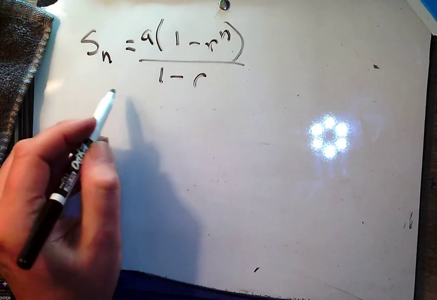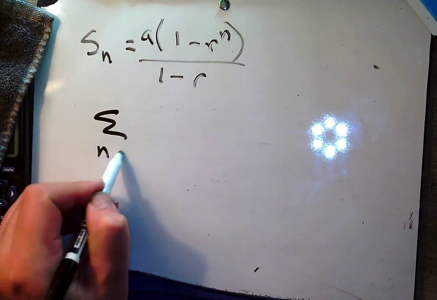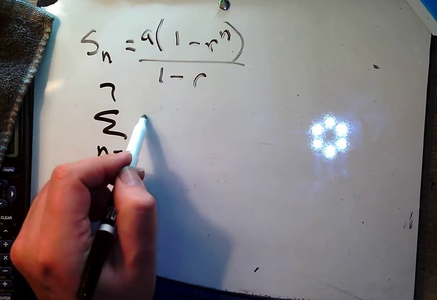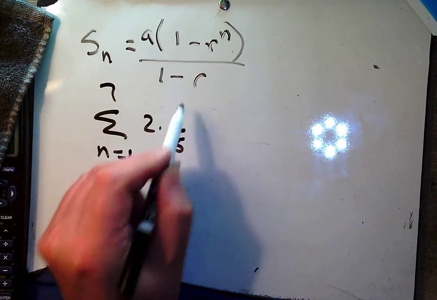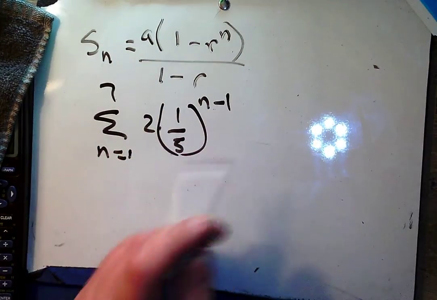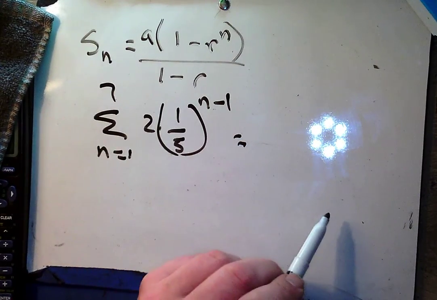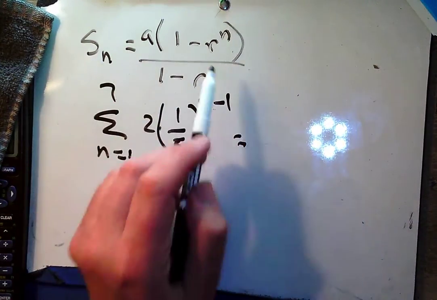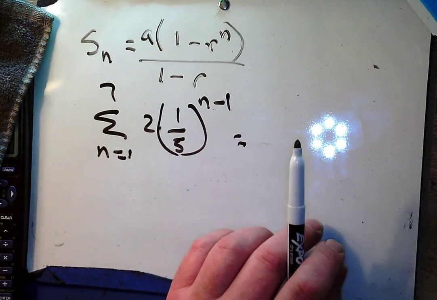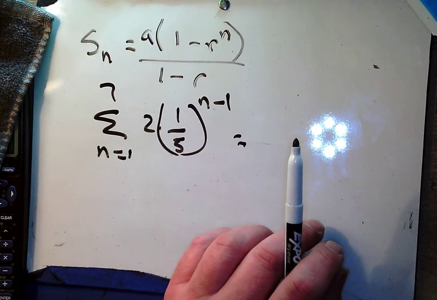B says n equals 1 to 7, 2 times 1/5 to the n minus 1. Okay, again, it's a finite sum.